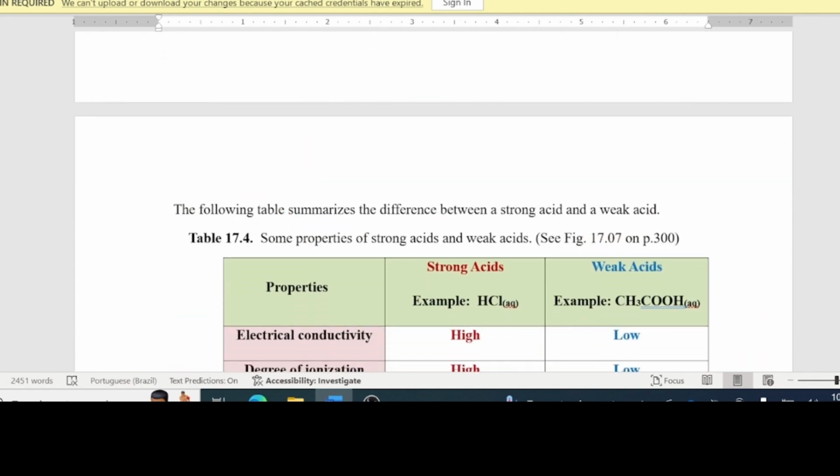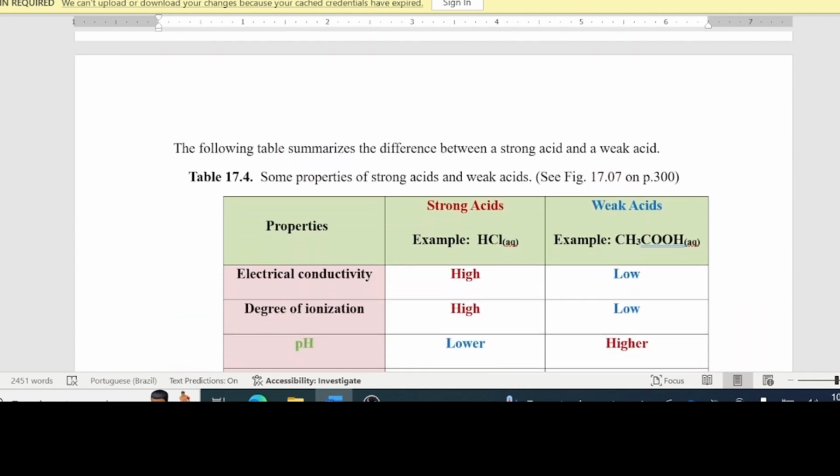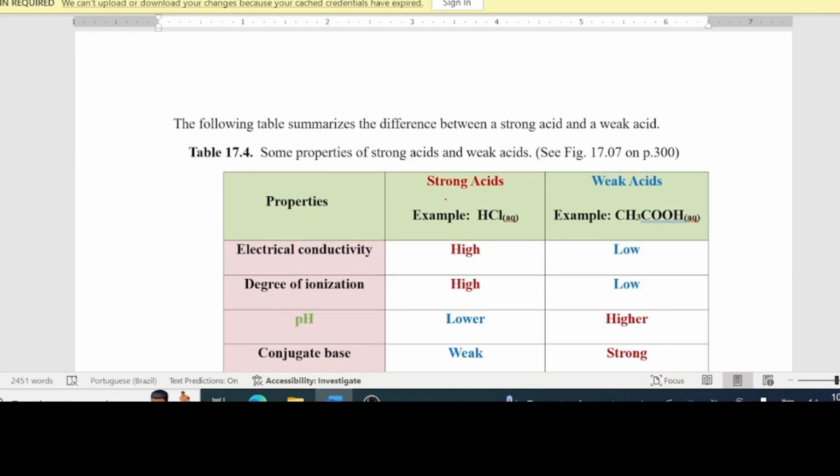What we talk about now, we're going to compare a strong acid with a weak acid. So strong acid, weak acid. In terms of electrical conductivity, because of the high degree of ionization of strong acids, there will be lots of ions in the solution there to conduct the electricity, as opposed to this one here, where there are few ions to conduct electricity.